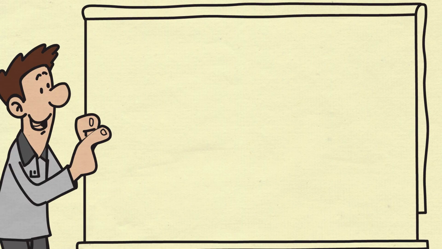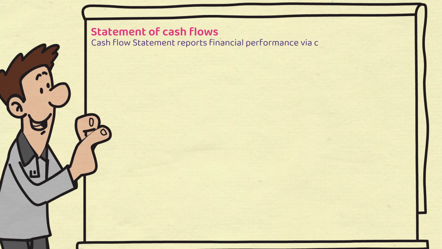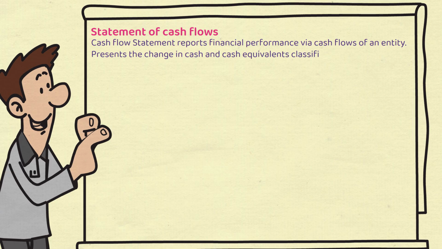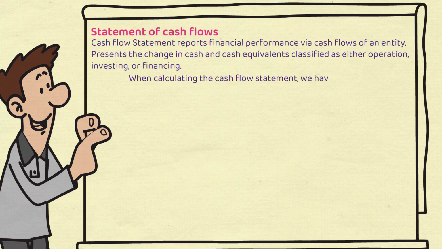Now let us discuss the statement of cash flows. The cash flow statement reports financial performance via cash flows of an entity, and presents the change in cash and cash equivalents classified as either operating, investing, or financing. When calculating the cash flow statement, we have to eliminate all non-cash expenditures to calculate the correct cash flow.